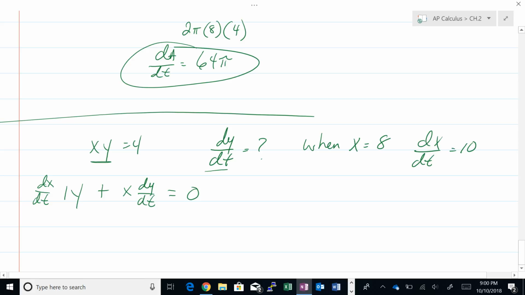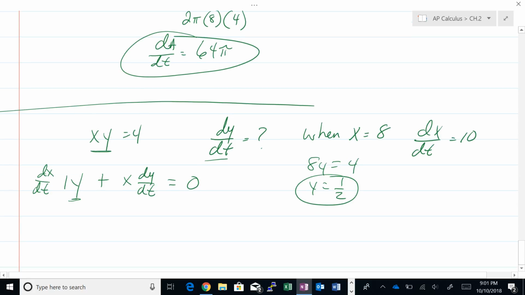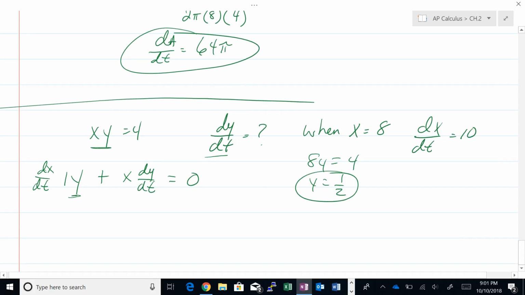Since I've got values, I'm going to go ahead and plug everything in. Now they tell me what x is, but I need to know what y is. So you can do a little quick scratch work here. When x is 8, 8y equals 4, so y is 1/2. You may have to do a little scratch work like that.